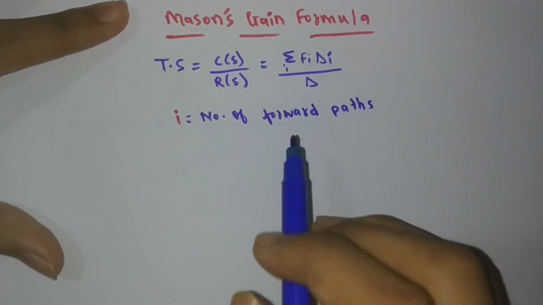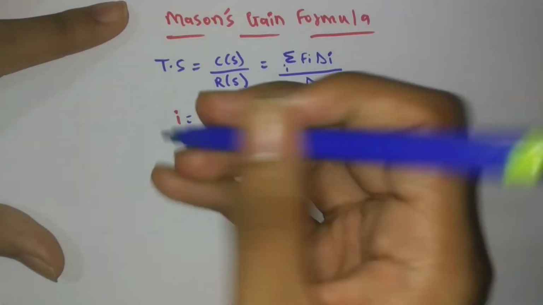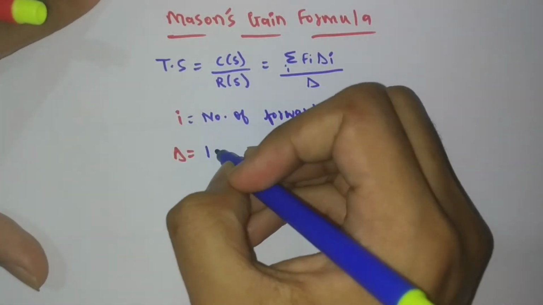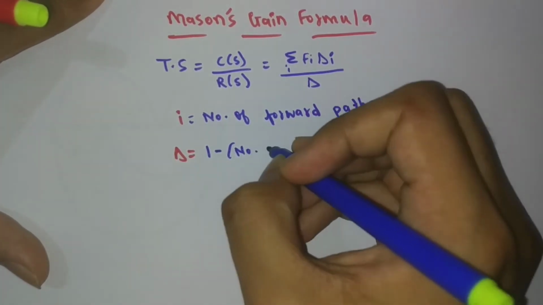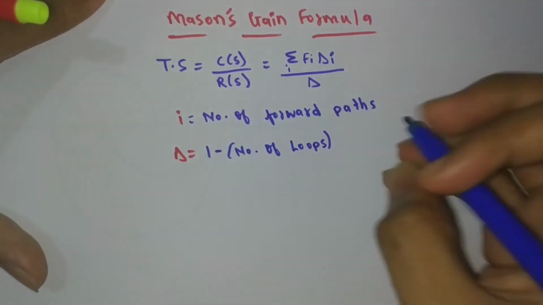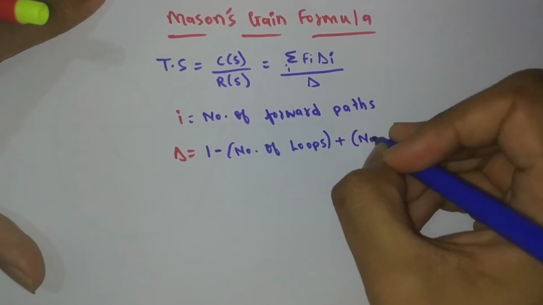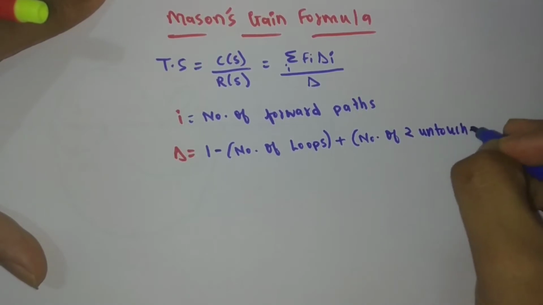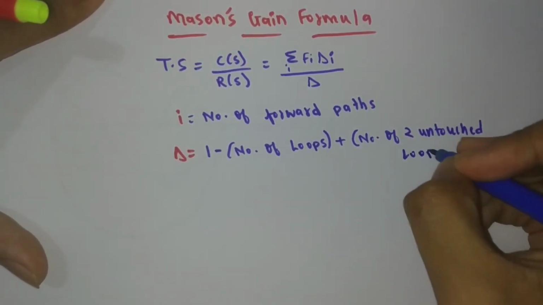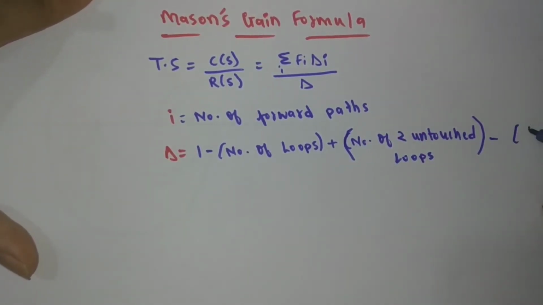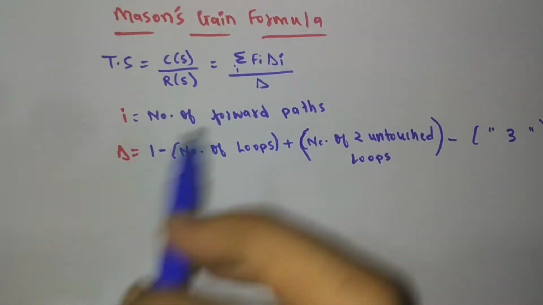And this determinant has a formula: 1 minus the sum of the number of loops, plus the sum of two untouched loops, and then minus the sum of three untouched loops. So this is the formula for the determinant.